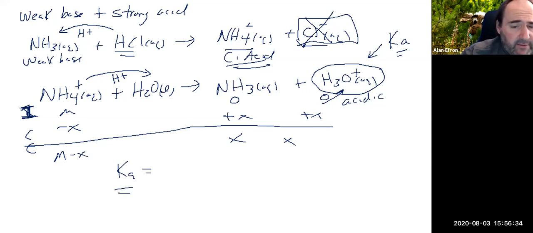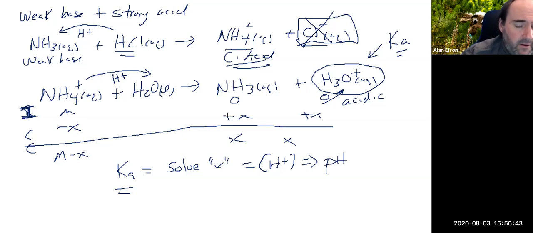And in this case, when we do solve for X, X is going to equal the concentration of H plus, which means we can directly go into our pH formula to calculate it. So in this sort of salt, these are referred to as being acidic salts. And again, we do produce H3O plus in that hydrolysis reaction, and thus we'll have an acidic pH.